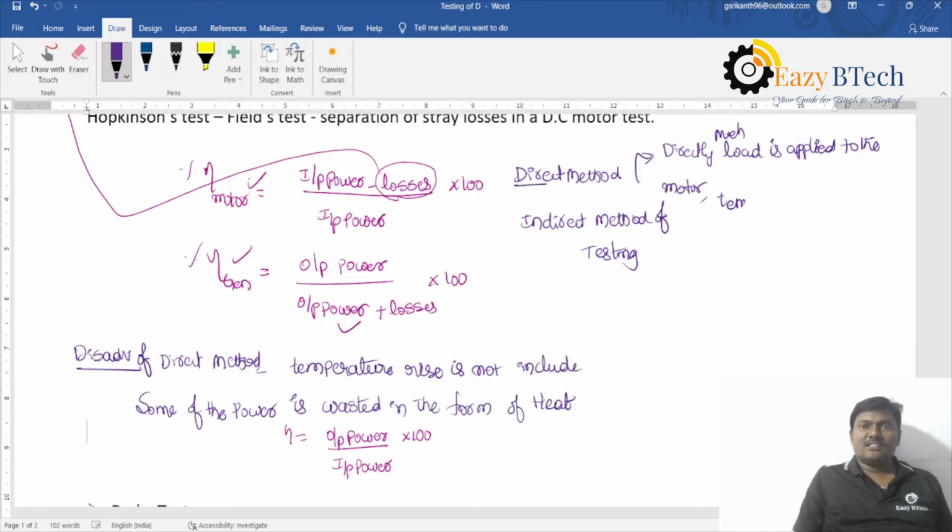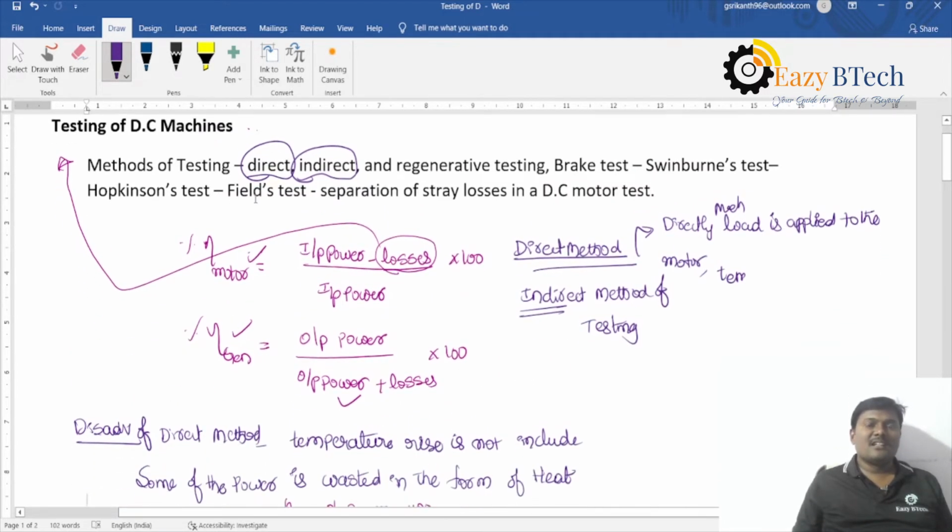That is the disadvantage of the direct method. What is the indirect method? We are not physically applying load to the DC machine, so it is called the indirect method.